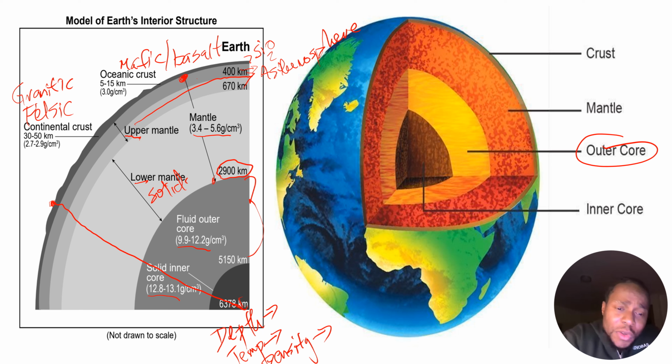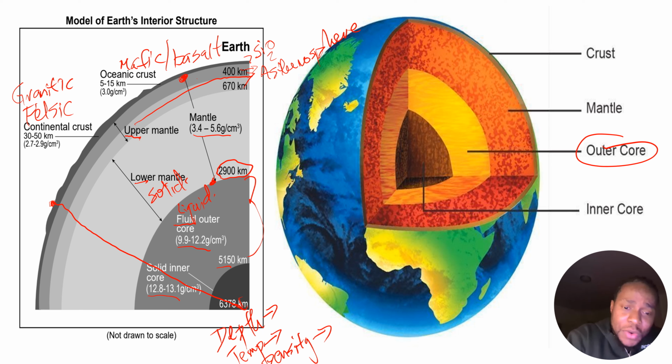While the outer core starts from there, the outer core, which is liquid, remember it says fluid. So don't forget, fluid simply means liquid. That should be something you definitely add to your annotation. So the outer core is liquid and it starts from a depth of 2,900 all the way to 5,150 kilometers.